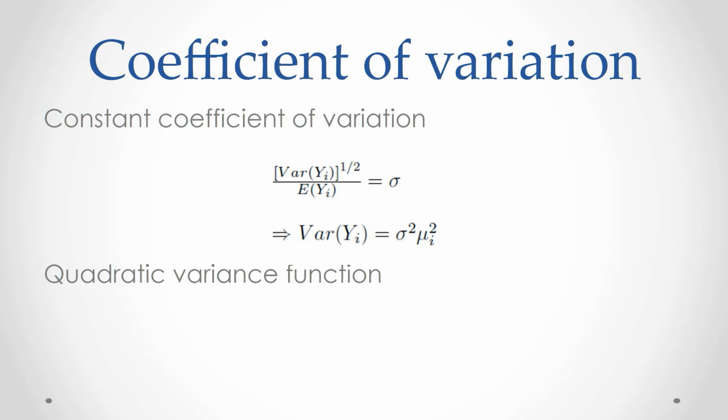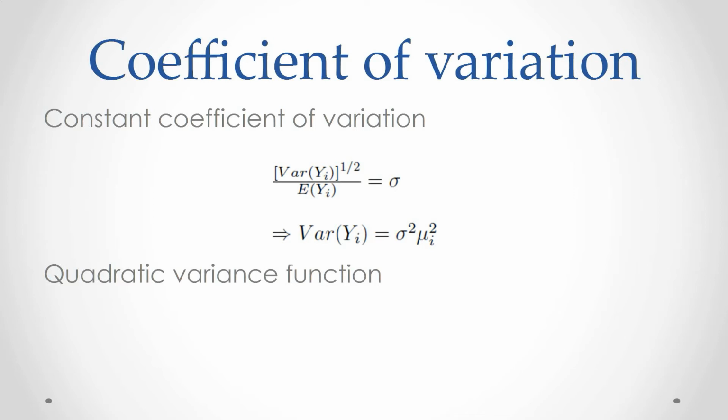Note that although it is standard to measure the variability of a data set using the standard deviation or the variance, in some cases, a more natural measure is the coefficient of variation. So the coefficient of variation is defined by the variance to the power half, that is the standard deviation, divided by the mean.